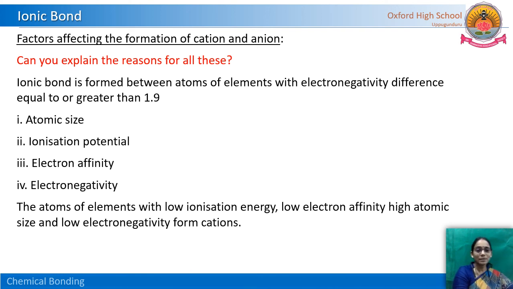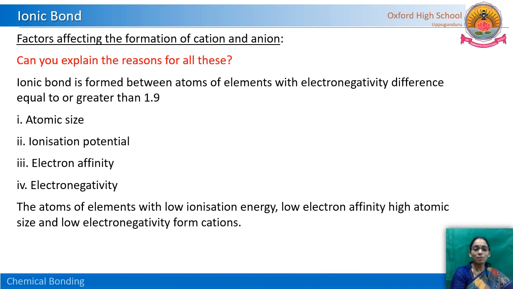And electronegativity, just now we have seen electropositivity and electronegativity of atoms, metals and non-metals. The atoms of elements with low ionization energy, low electron affinity and high atomic size. So see here, with low ionization potential, and low electron affinity, and low electronegativity, but bigger in size, they form cations.